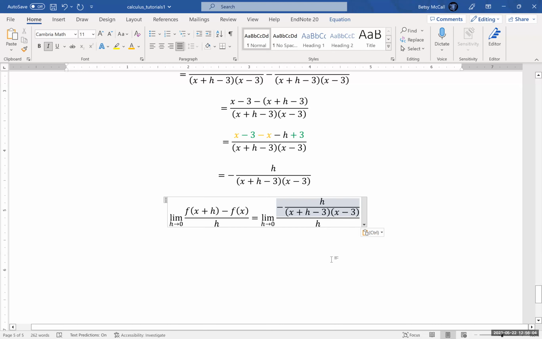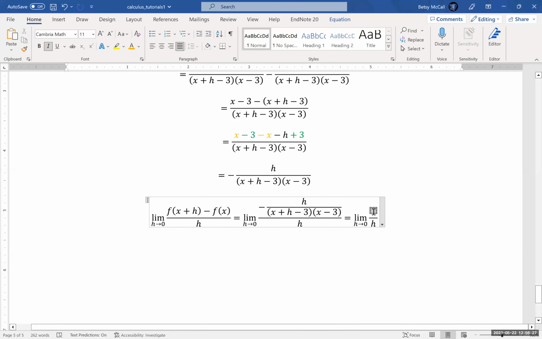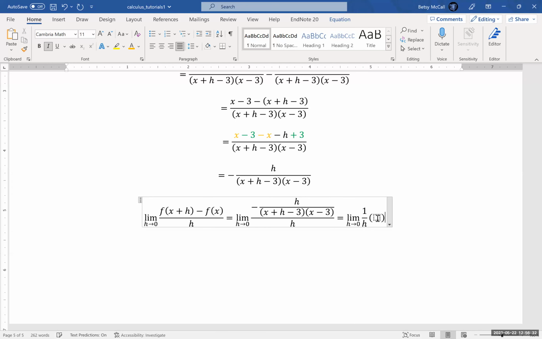Now, I don't find this particular version of this expression to be terribly useful. And so I'm going to suggest an alternative way of expressing this. And that is by actually taking out this 1 over h and then multiplying it by our numerator.